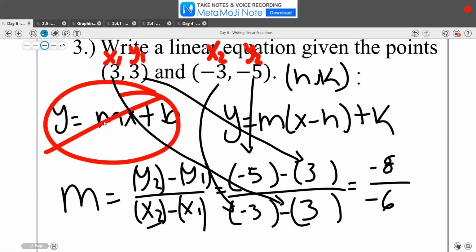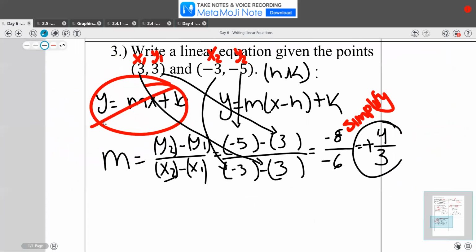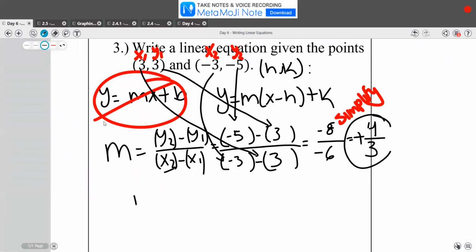We got to simplify the fraction, so we're going to be left with a negative divided by a negative, which is going to give me a positive, and 8 over 6 simplifies to 4 over 3. So my slope is going to be 4 over 3, right? So m equals 4 over 3.